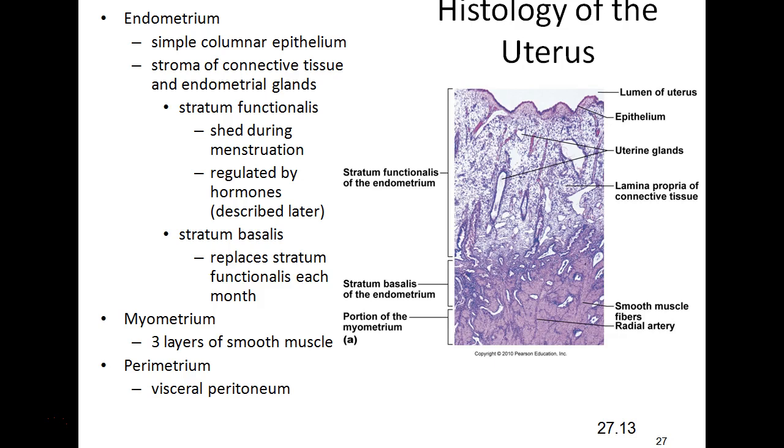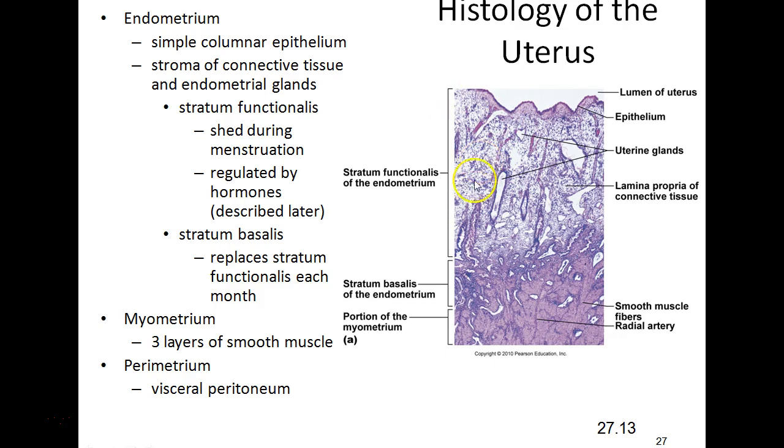Let's look closer now at two layers of this endometrium. We see that we have the stratum functionalis, that is more deep, and then a little bit more superficial is the stratum basalis. Let's look at some subtle differences between those two. The stratum basalis replaces the stratum functionalis each month, and that would correspond with the female menstrual cycle.